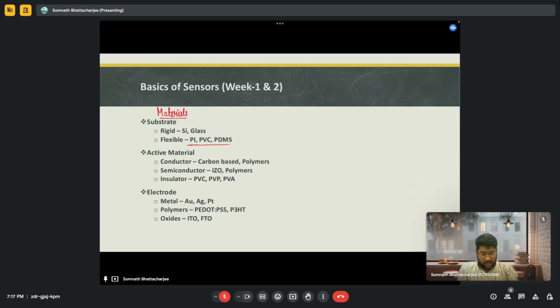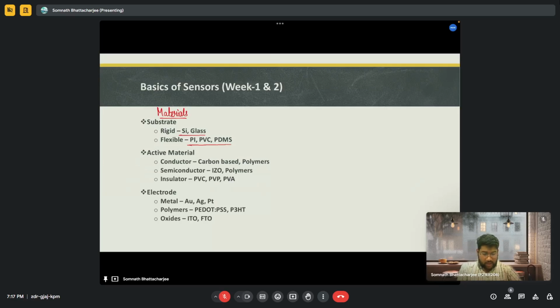For rigid, it can be on a rigid silicon substrate, or on top of glass. So based on your specific application, you have to fabricate these sensors using a silicon wafer maybe, or a PI substrate.